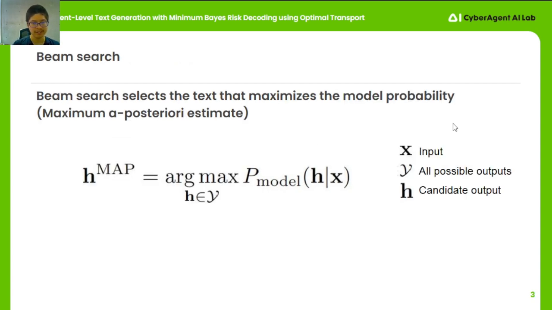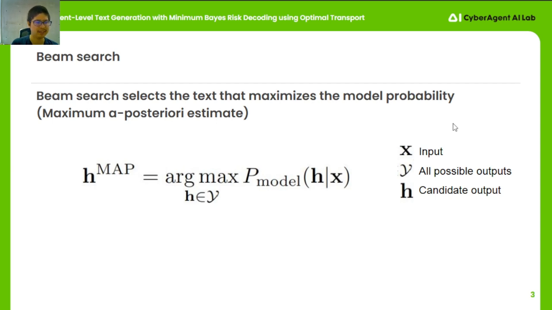So traditionally, many people have been working on beam search for text generation. Beam search, simply put, selects the text that maximizes the model's probability, with some approximation.